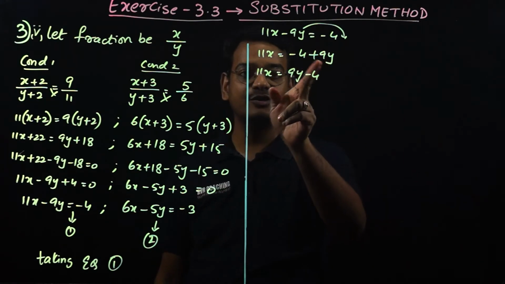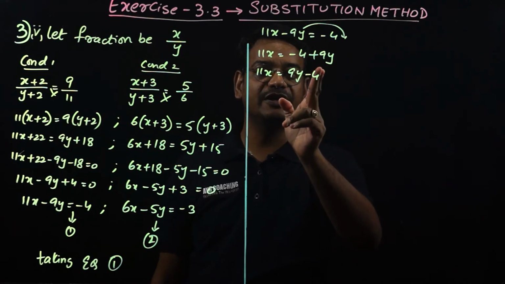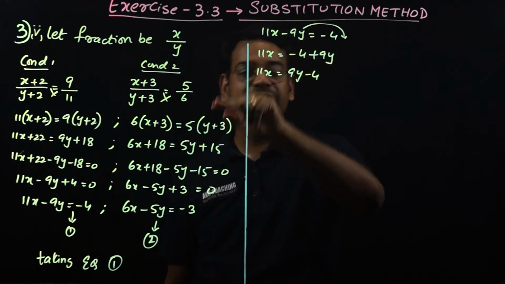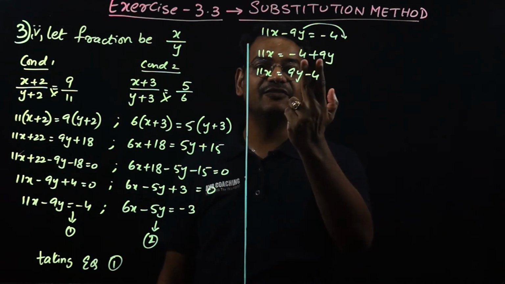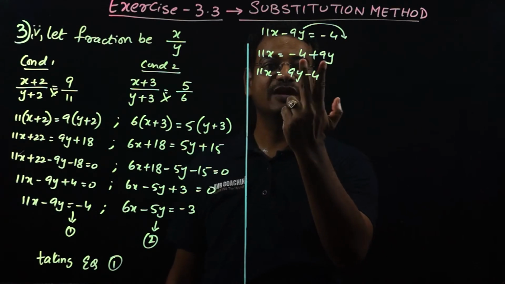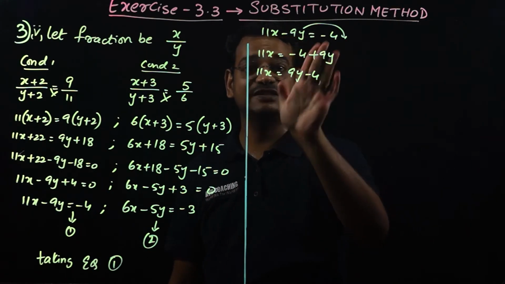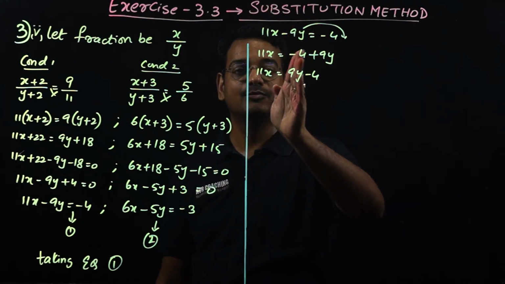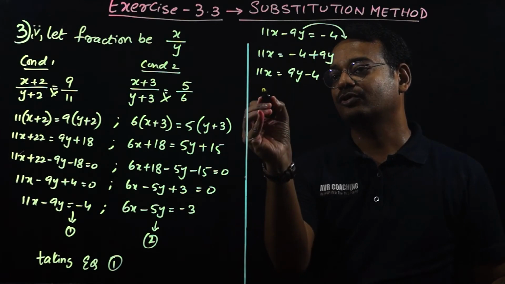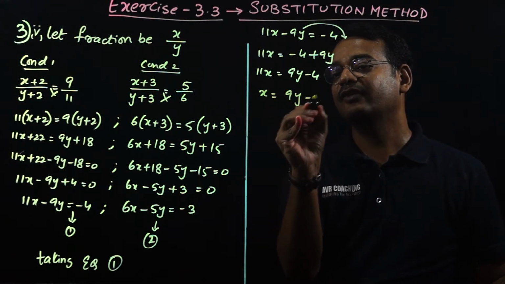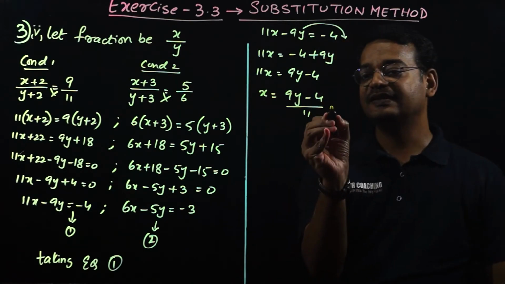When you interchange values on the same side of the equal to sign, the signs will not change. Remember, only if you take the values to the other side of the equal to sign will the signs change. Here I'm just flipping their places. So 11x equal to 9y minus 4. Now x equal to (9y minus 4) by 11.